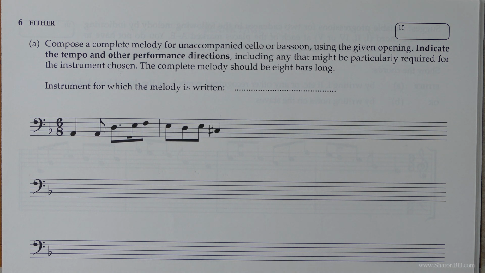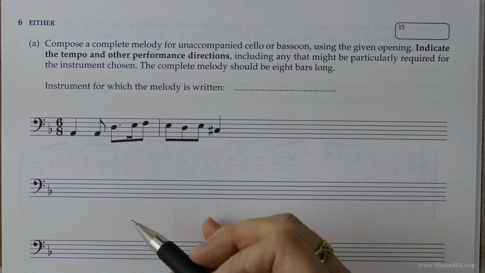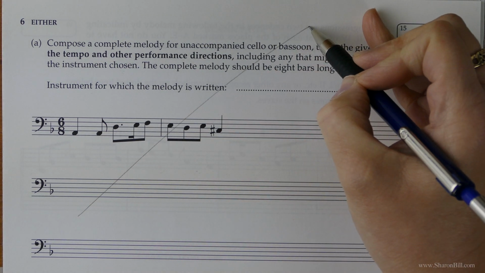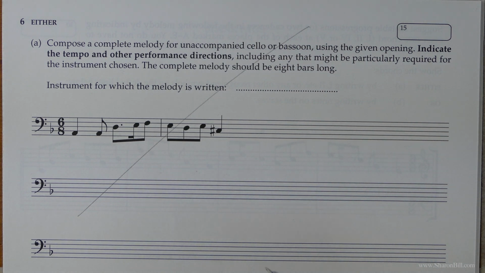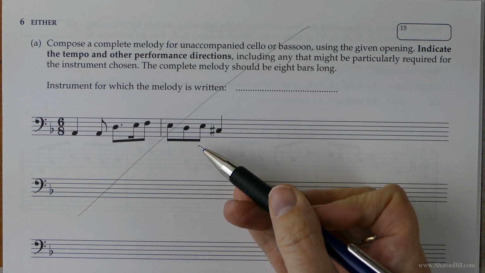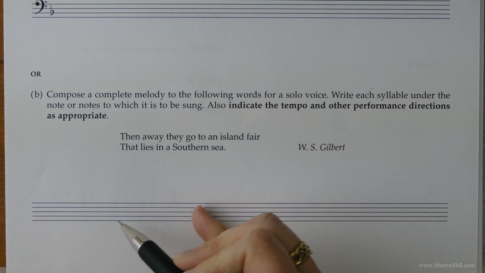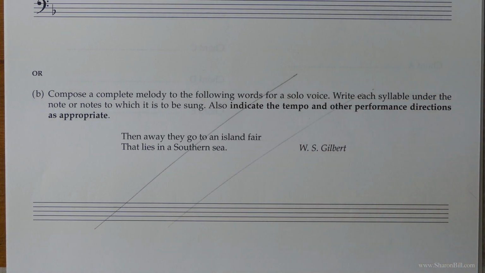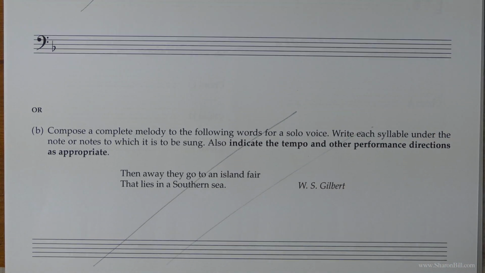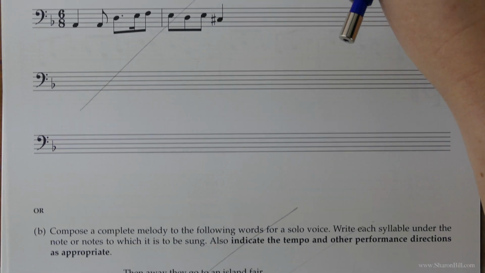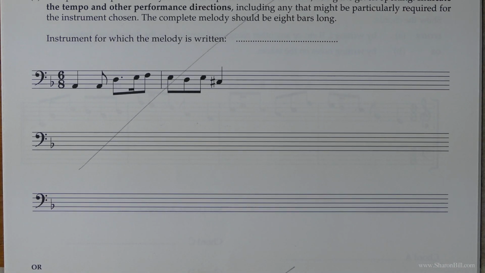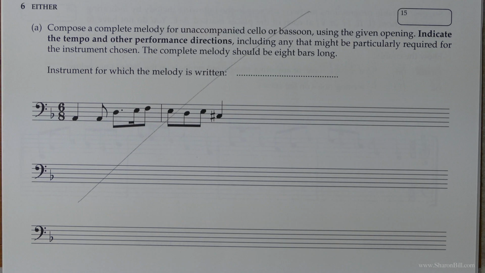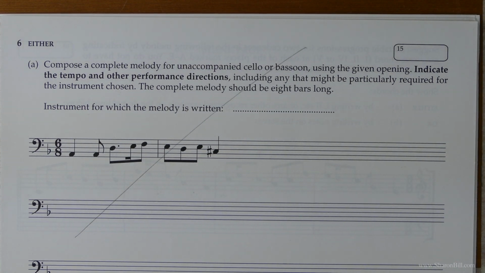However, this is one of the changes from the newly revised exam syllabus, and from 2018 onwards this will not appear in the exam paper at all, neither the composition of a melody or the composition of a melody to words. So neither of those will appear on the paper, and so we just skip on to the next question.